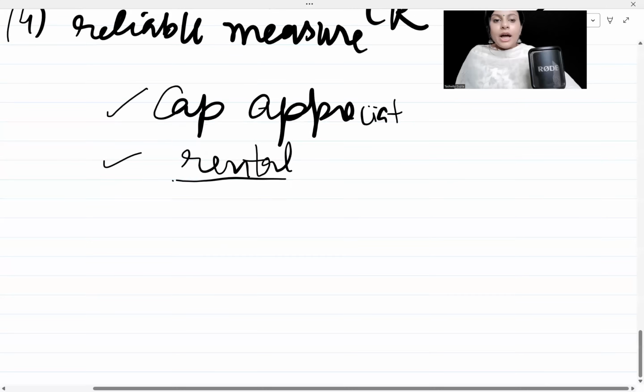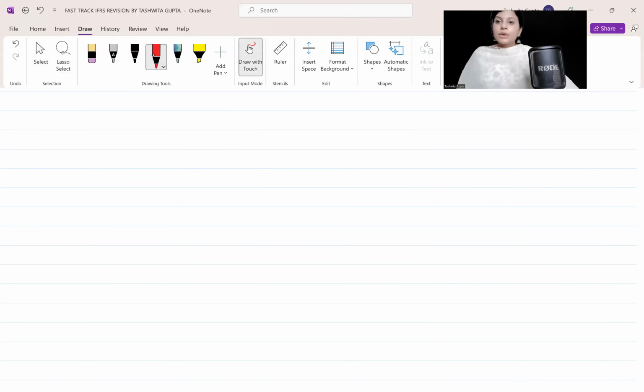Okay. Now let's understand the subsequent treatment, everyone. Let's understand the subsequent treatment of all the three types of standards that we have just done. So first of all, we have IAS 16, then IAS 38, then IAS 40.